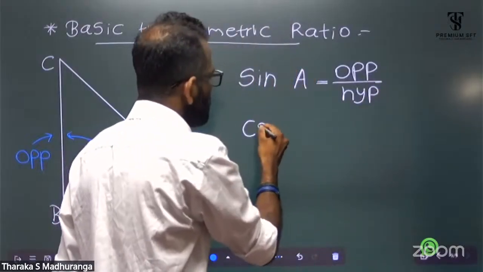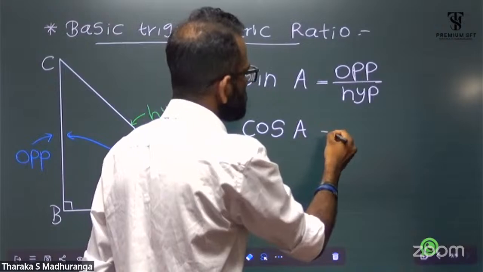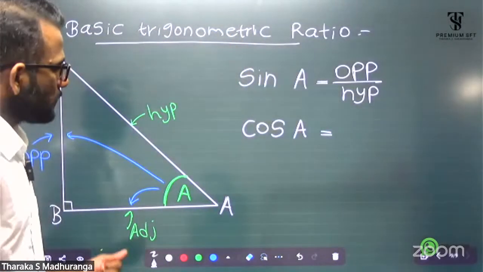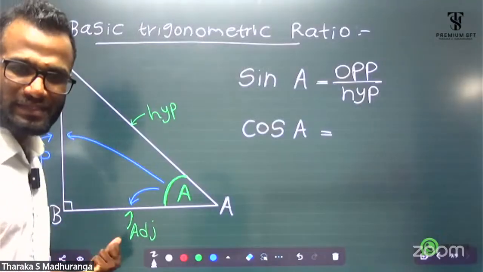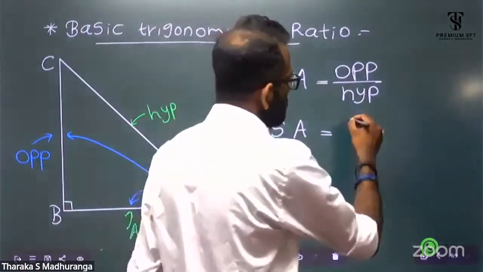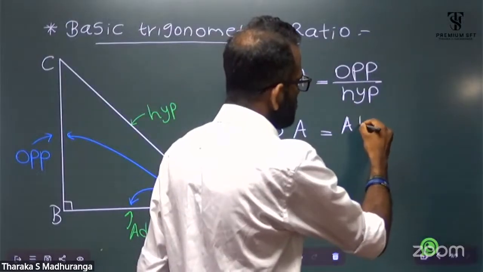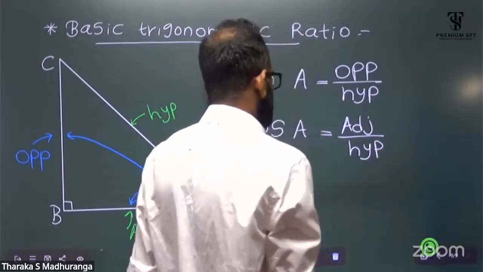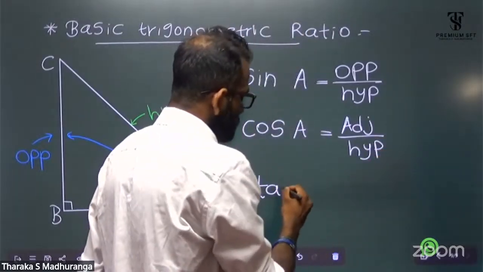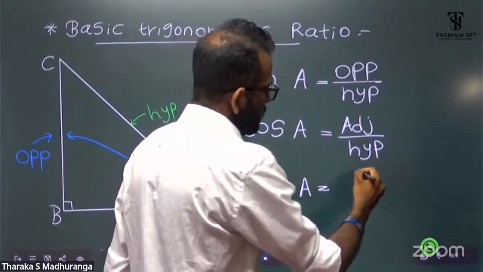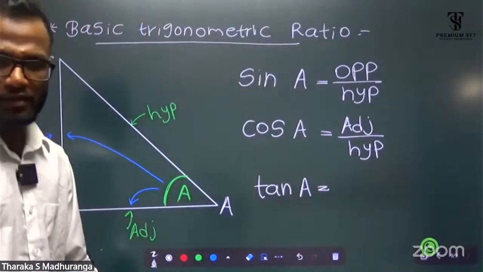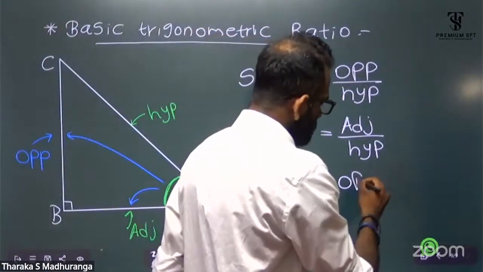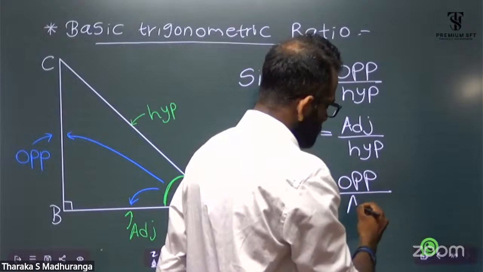Cos A is adjacent over hypotenuse. Good. Tan A, what's the meaning of tan? Opposite over adjacent. Yes.